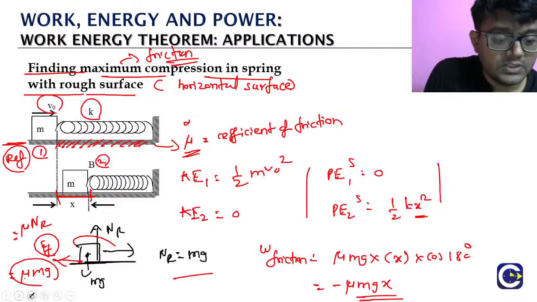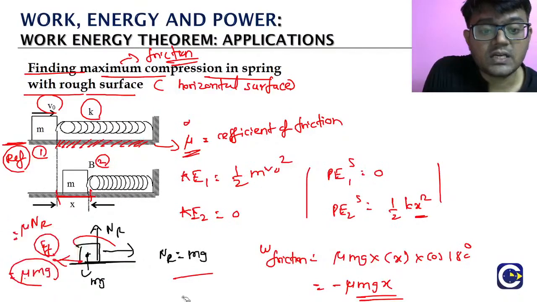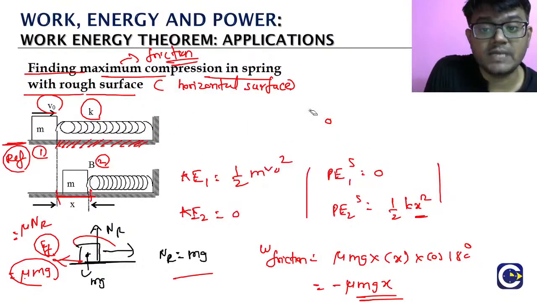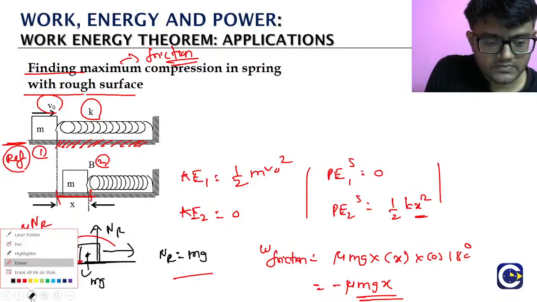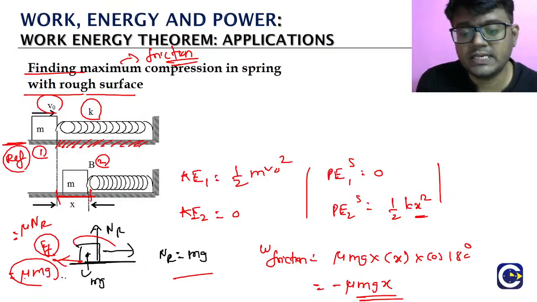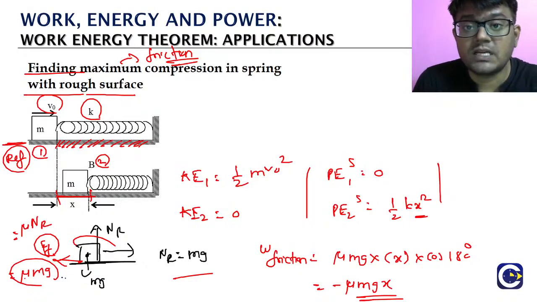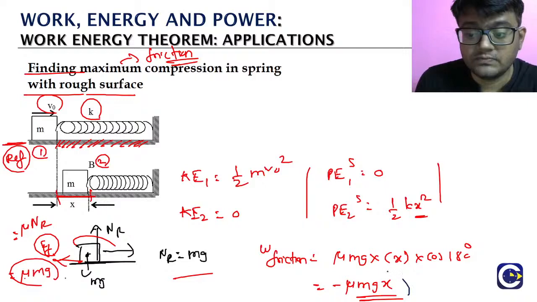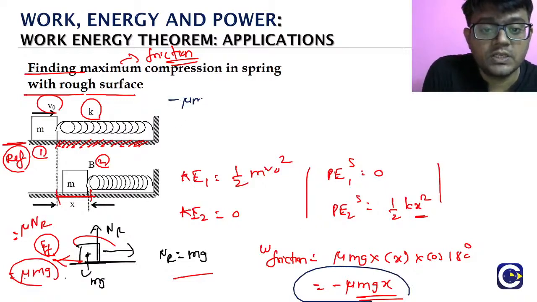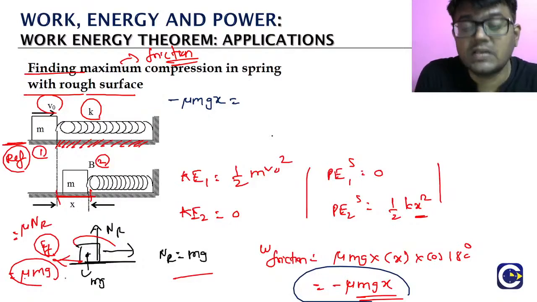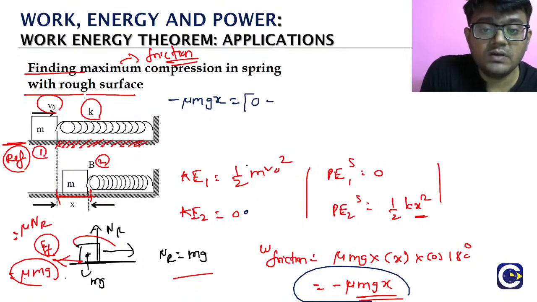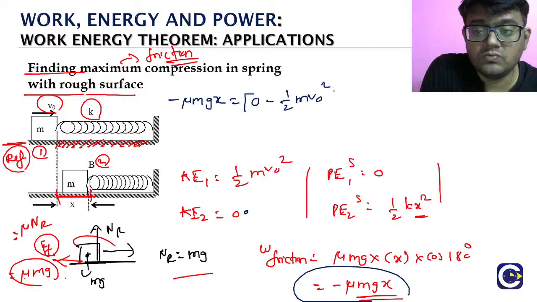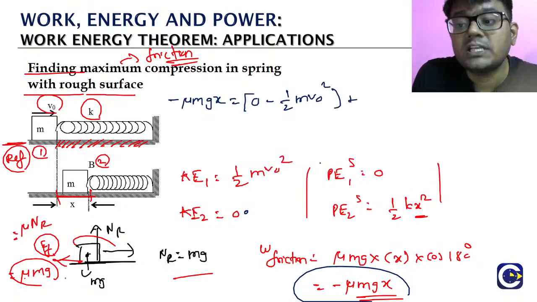So here we will not have conservation of mechanical energy, because we have work done by a non-conservative force. Now what result do we get? The work energy theorem states that the work done by the non-conservative forces and other external forces, here the non-conservative force, minus mu mg x, is equal to the change in kinetic energy, final value minus initial value, plus the change in potential energy.